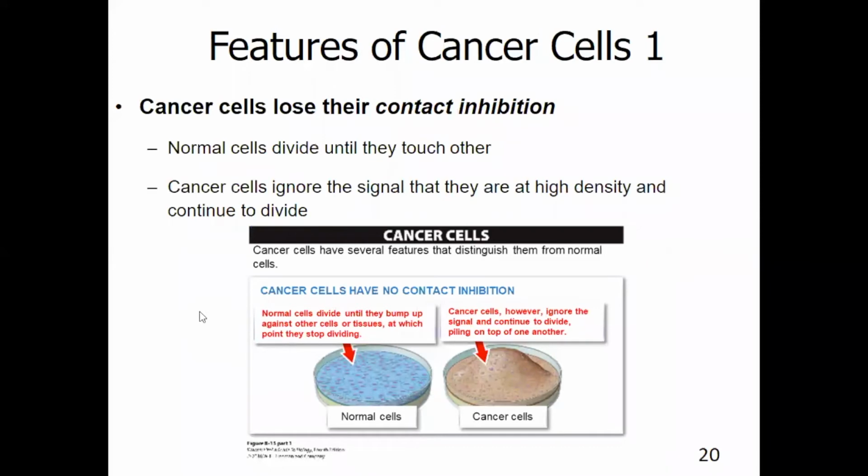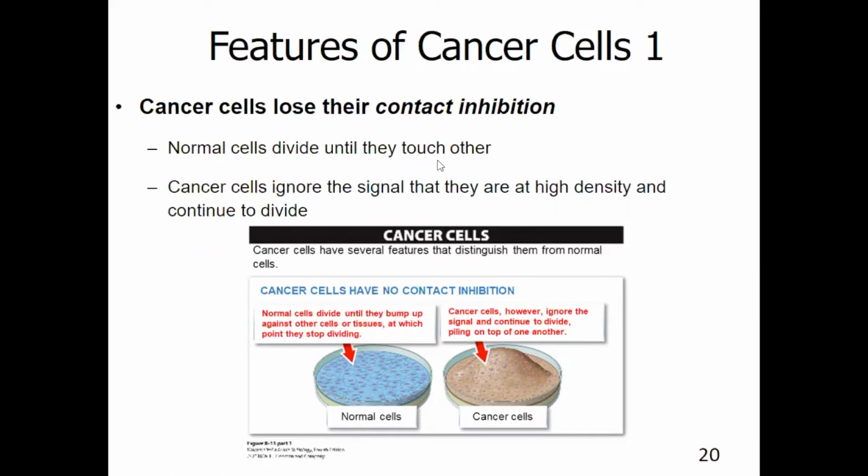In terms of cancer, there are three features of cancer cells that make them different from normal cells. Normal cells have something called contact inhibition. Normal cells will divide until they touch other cells.